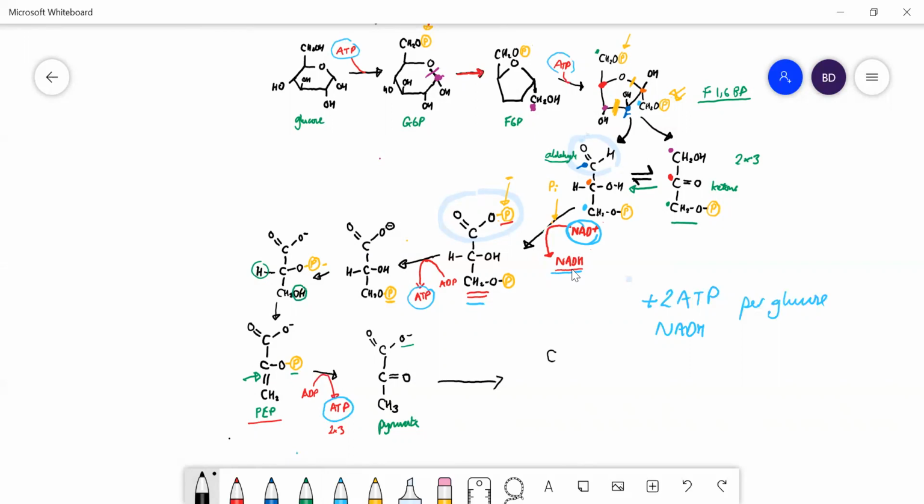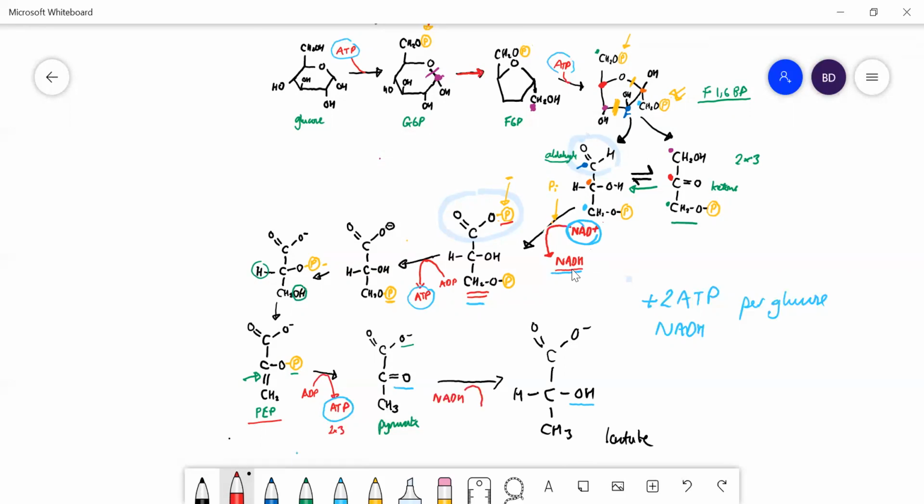this gets turned into lactic acid, it's lactate. And you can see that you have turned a ketone group into an alcohol group, a secondary alcohol. So that is a reduction. You need a reducing agent for that, and the reducing agent is NADH.